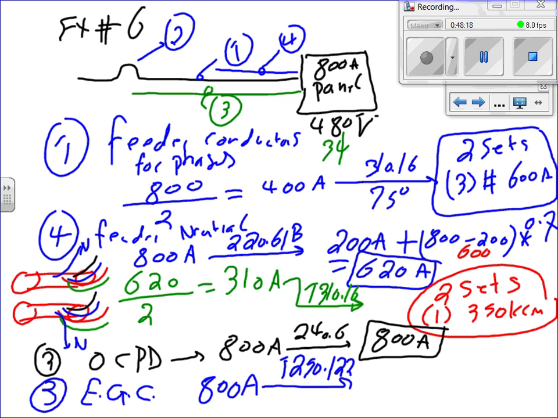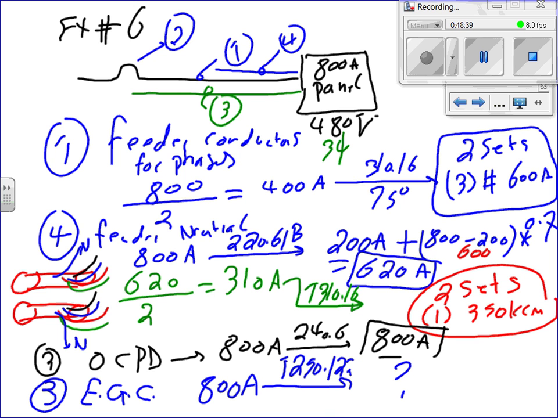How many? 2. Why 2? Because I'm doing 2 runs. It's a 1 aught, right? 1 aught AWG. But how many of them do I need? How many of the 1 aughts do I need, guys, and why?